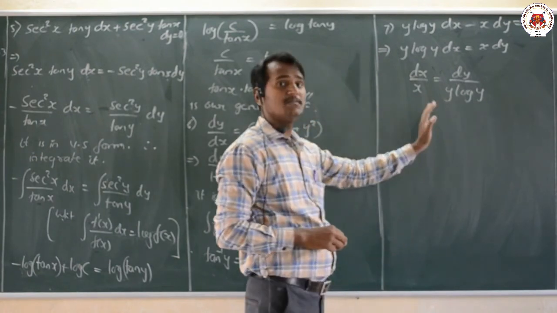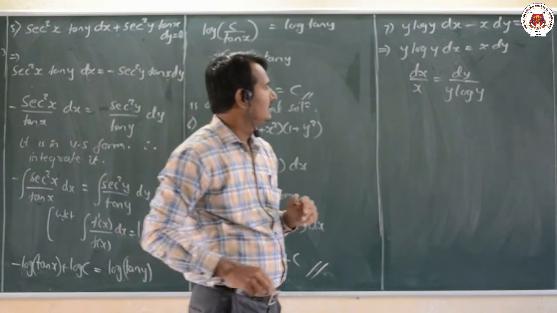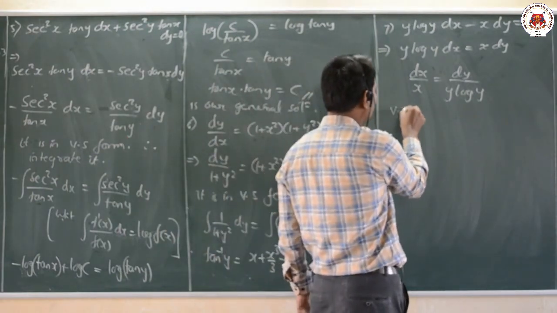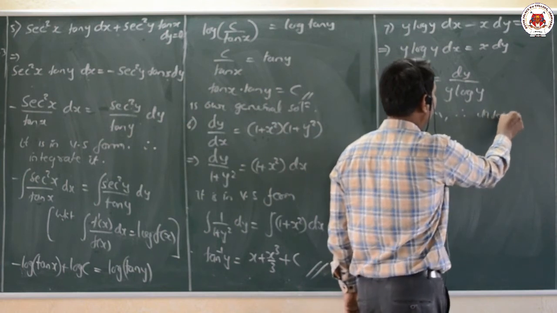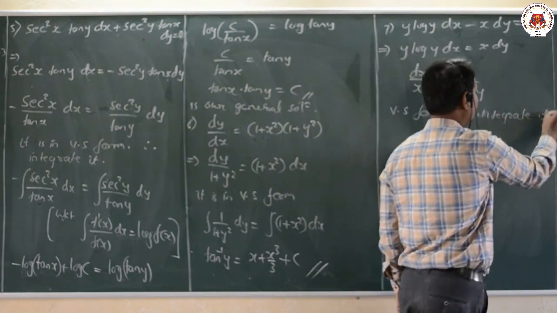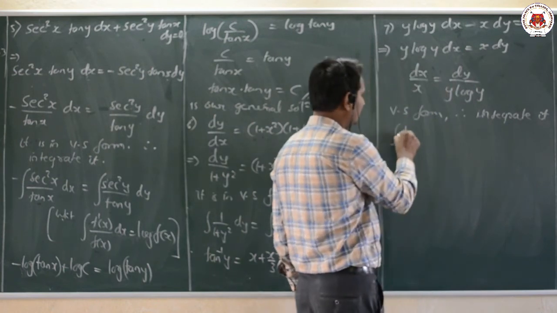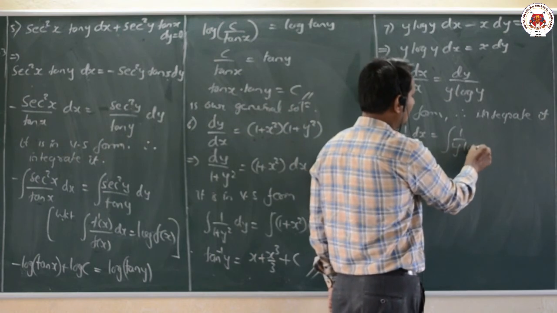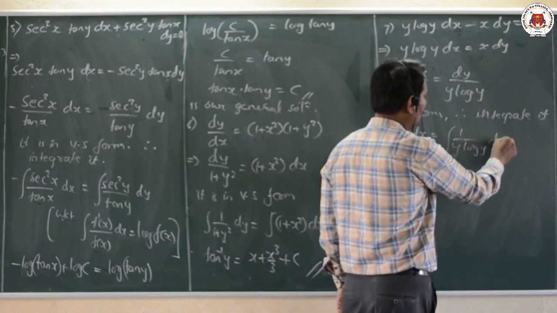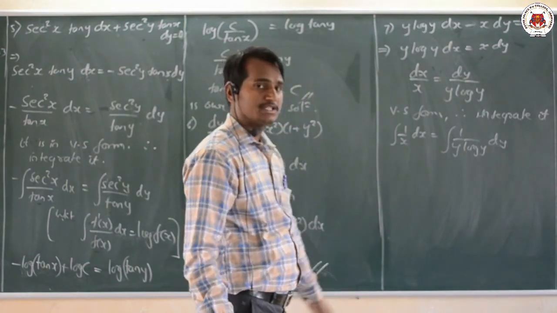Now it is nothing but our variable separable form. Easily you can integrate it. Therefore integrate it. So we get integration of 1 by x dx equal to integration of 1 by (y log y) dy. Now what is the integration of 1 by x?